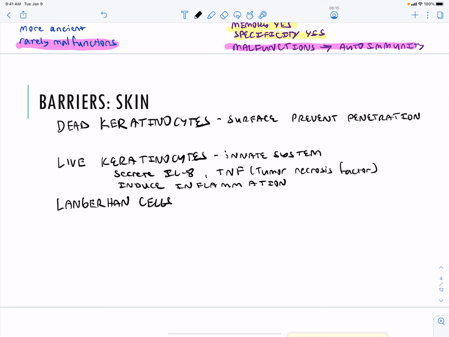Now we also have a specialized cell of the skin called the Langerhans cell, and this is a dendritic cell. It was one of the first dendritic cells ever discovered, it has beautiful dendrites, and it was sort of the canonical dendritic cell for a very long time. But it is a specialized skin dendritic cell.